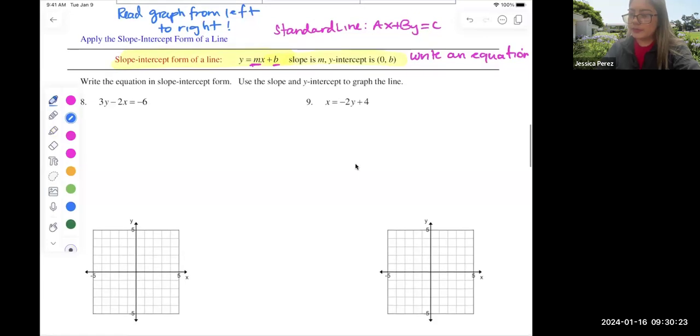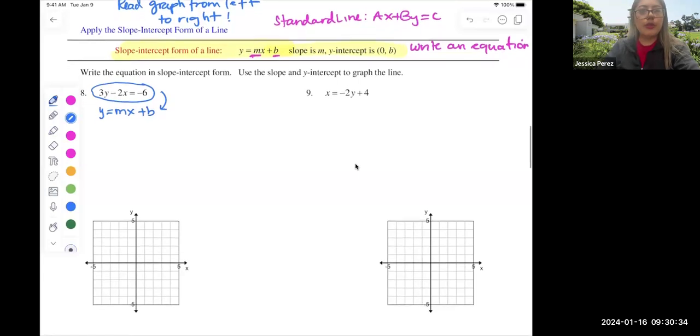So how would we know how to find the slope and the y-intercept? Well, first of all, notice that we want to convert this into y equals mx plus b. That's our goal from here to here. On this form, the y is isolated, which is not the case for 3y minus 2x equals negative 6.